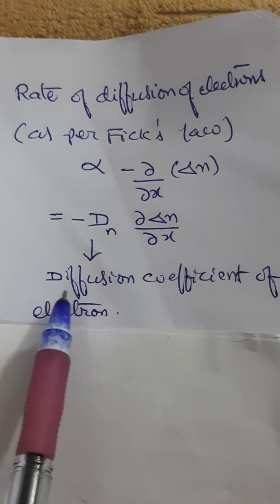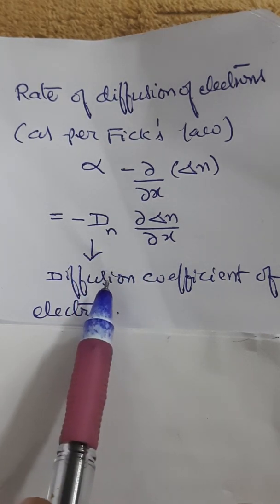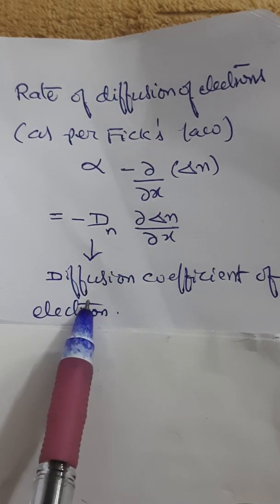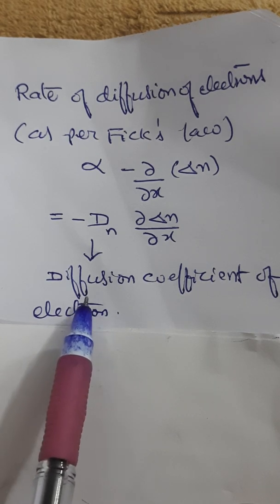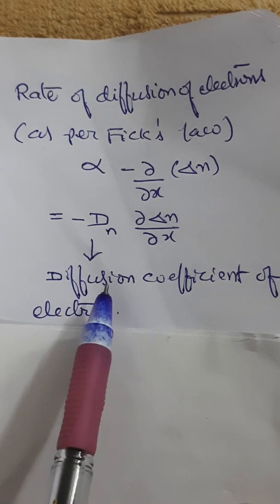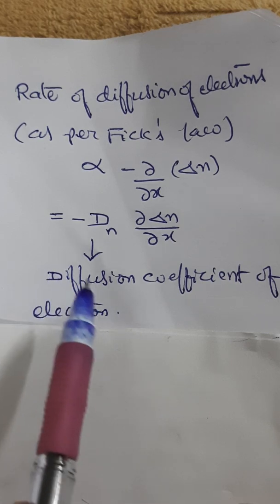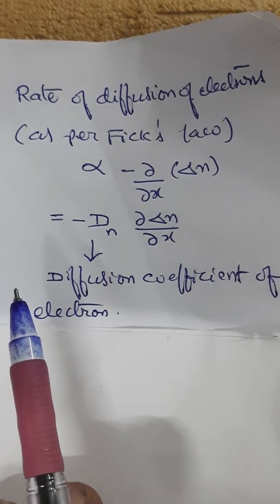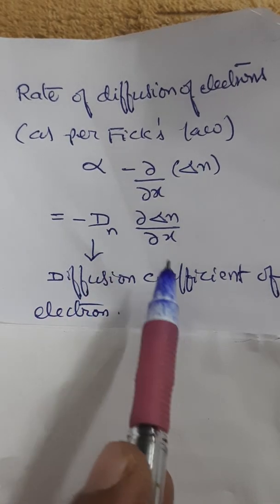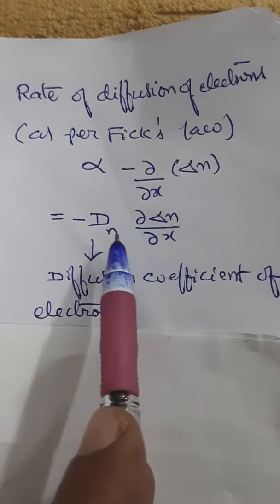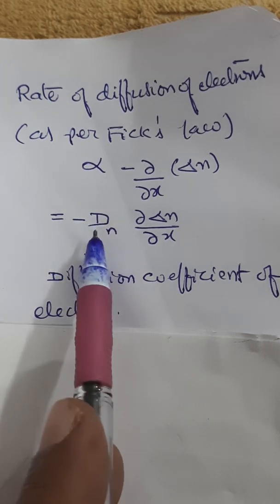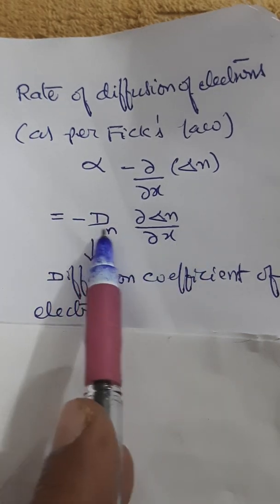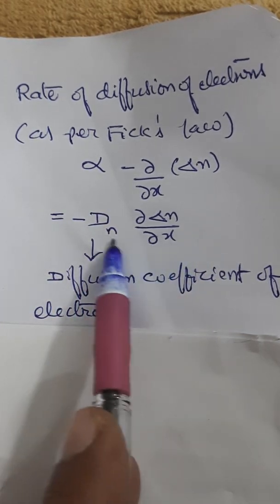Now, from this equation we can calculate the diffusion current density due to electrons, that is Jn diffusion. Earlier we calculated Jn drift; now we are calculating Jn diffusion. Jn diffusion is the rate of diffusion multiplied by the charge. The charge of an electron is e. So e multiplied by this will give you J diffusion.